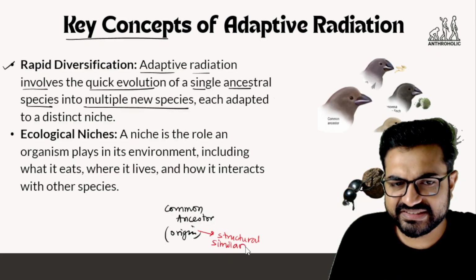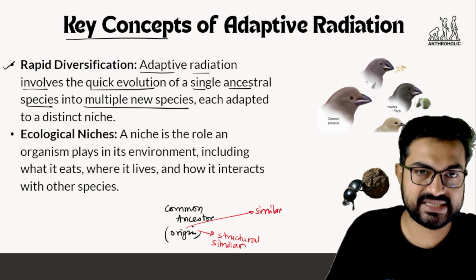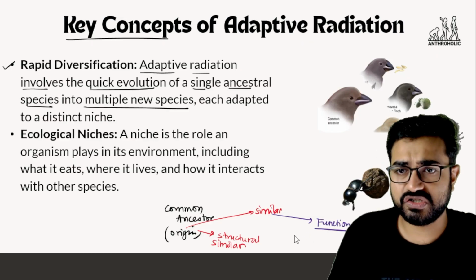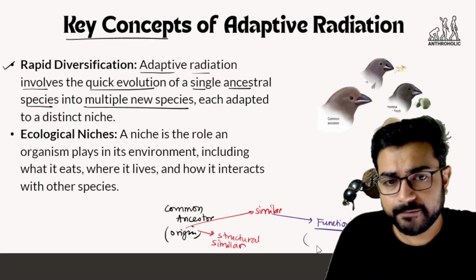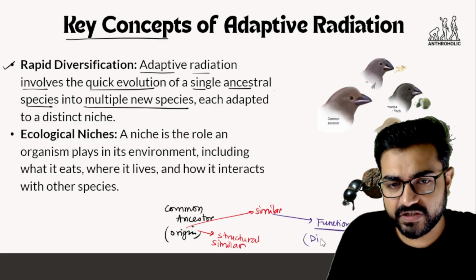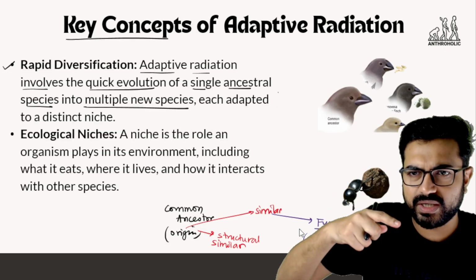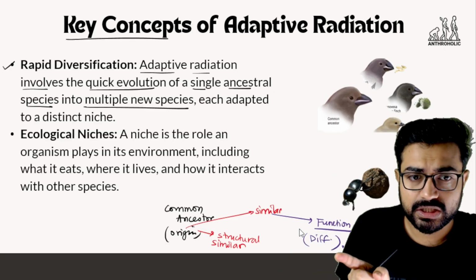So they are similar in origin. In terms of origin, we can say these organisms are similar, whereas their function is different because of their diverse, different habitats. So they are structurally similar, or similar origin-wise, and they are functionally different.